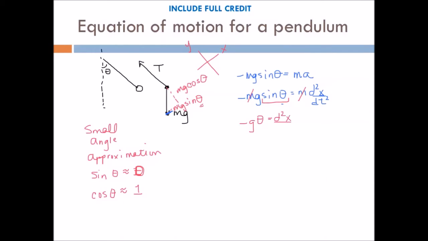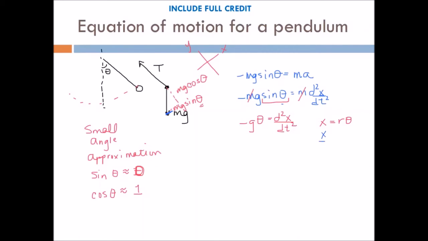Now the problem is I still need to relate x and theta, but we know that x is equal to r theta, because really this object is moving in at least a piece of a circle. Okay? So we can replace theta with x over r.